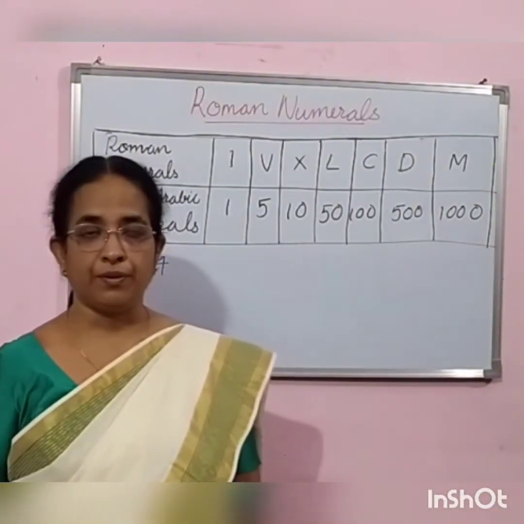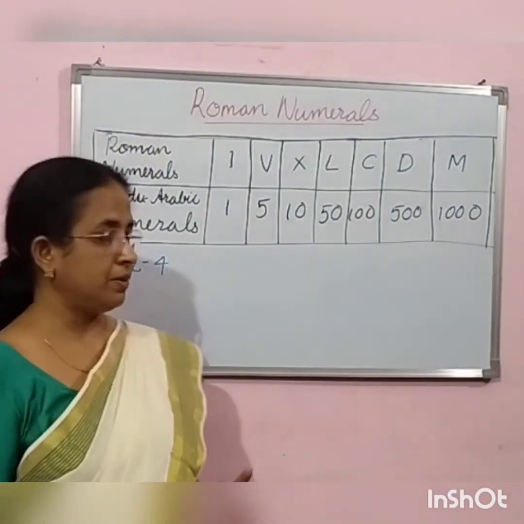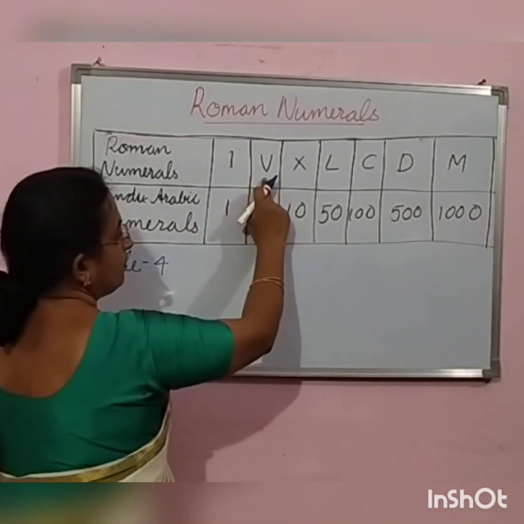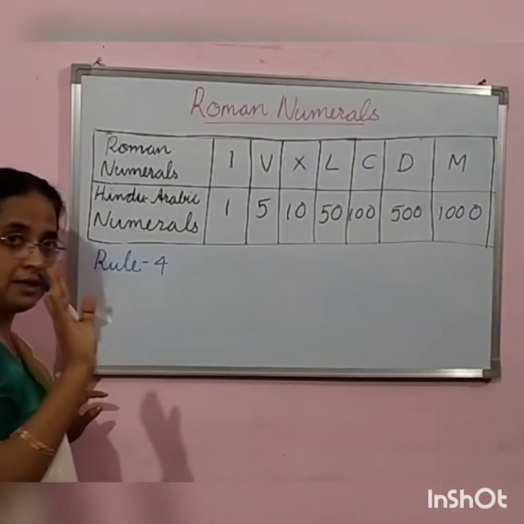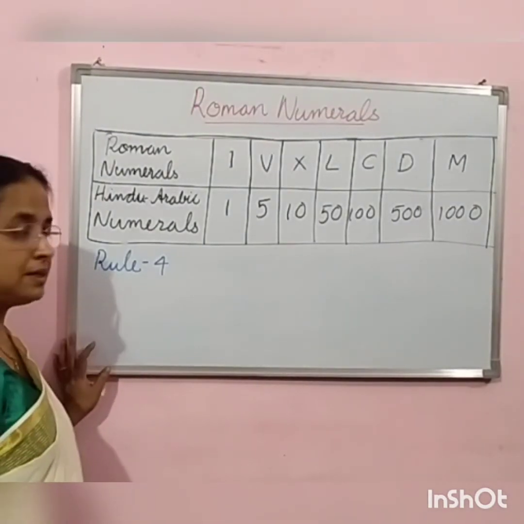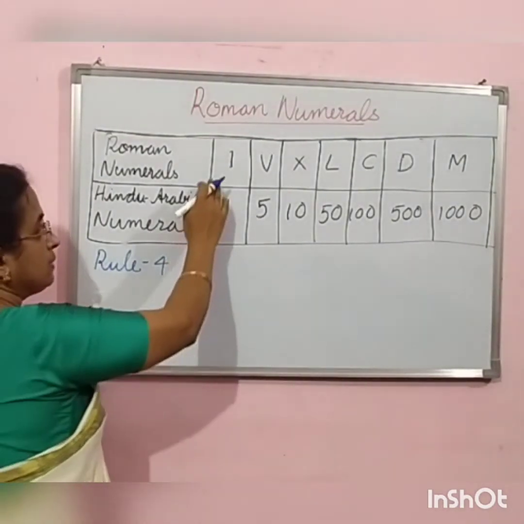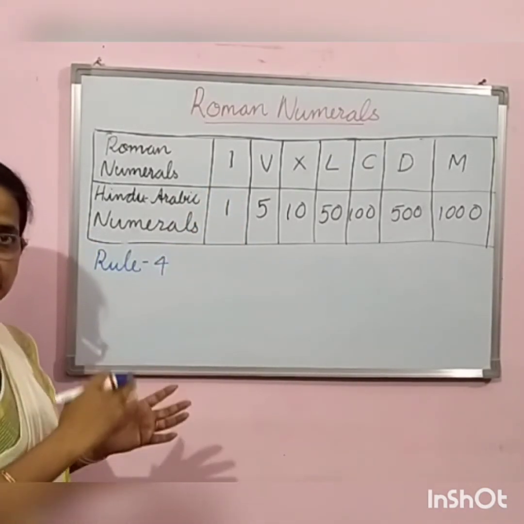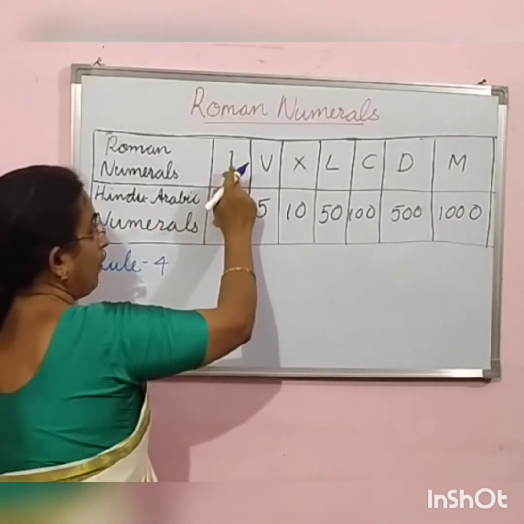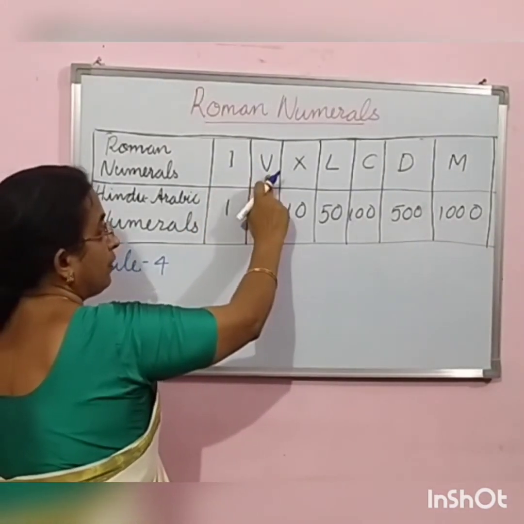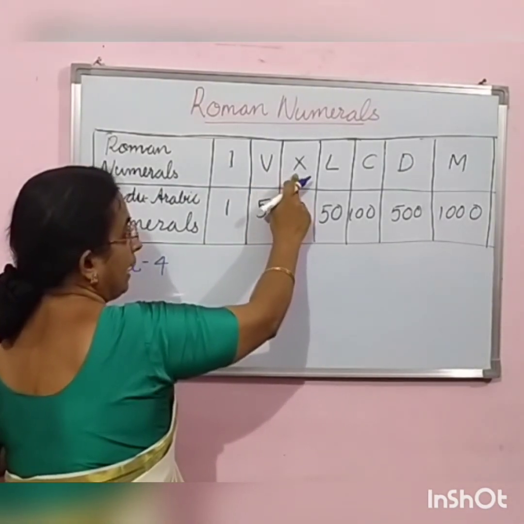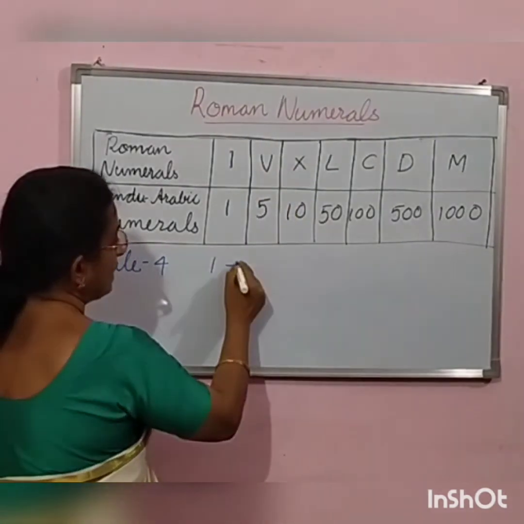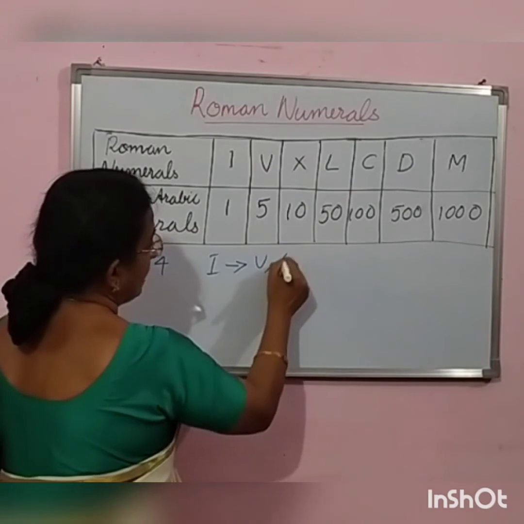Rule 4. What is the fourth rule? I is placed before V and X only.